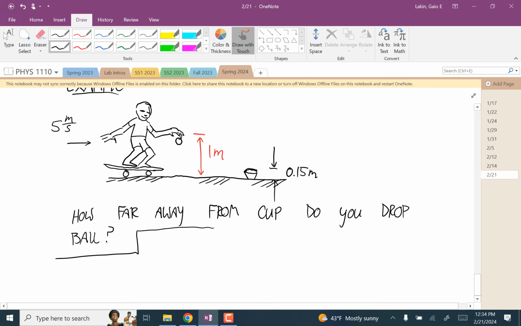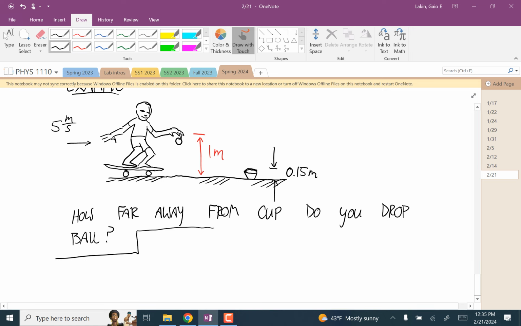Well, let's take a second to just understand what's going on first. Because I know to some people your intuition is, well, if you're just going to drop it, you wait until you're right above the cup and drop it. But remember that the rule is if you drop an object, at the instant you let go of it, its velocity is whatever the velocity of whatever it's dropped from.